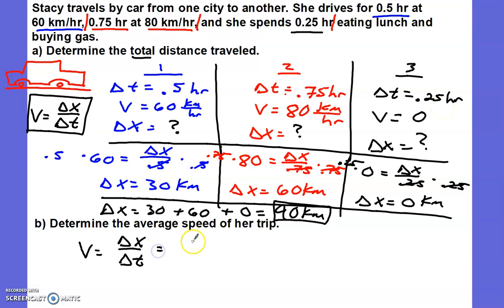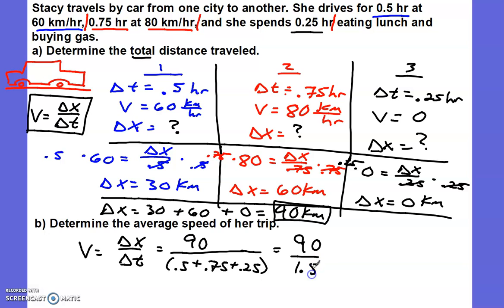We have to also include that part where she's not moving. That's included as well. That now becomes 90 divided by 1.5.